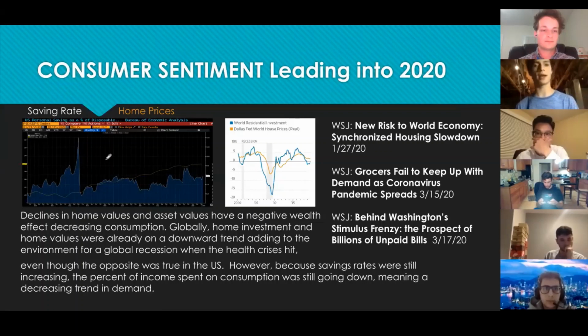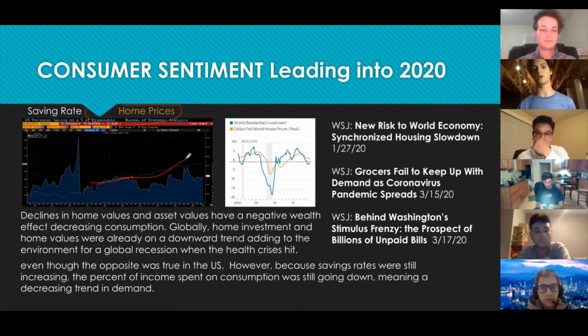So the wealth effect, the reason we monitor home values, which is this orange line, we monitor home values because if home values are going down, what happens to consumers? If they see their homes are decreasing in value, they're going to feel poor, and when you feel poor, you spend less because you feel like you have to increase your saving.